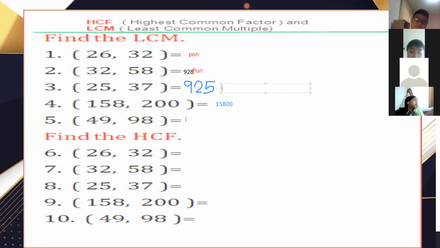Where is pawn? And who is number 5? Number 5 is T.